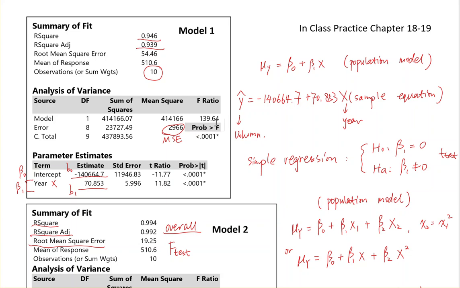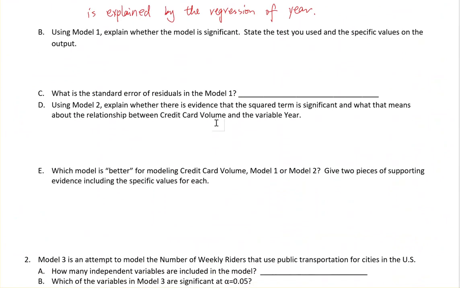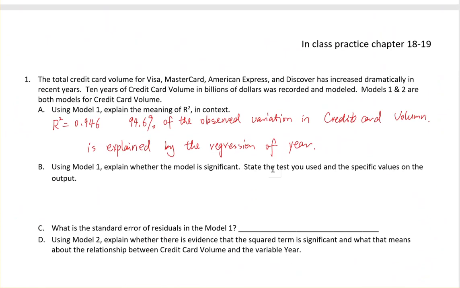F-test is only for multiple regression, not for simple regression, right? So it says state the test. That means you need to state the hypothesis, right? So first, the null hypothesis and alternative hypothesis are about beta 1. Remember, we always test about the population parameter. So we cannot test the b1. We need to test about beta 1, right? So null hypothesis, beta 1 equals 0. Alternative hypothesis, beta 1 not equal to 0.